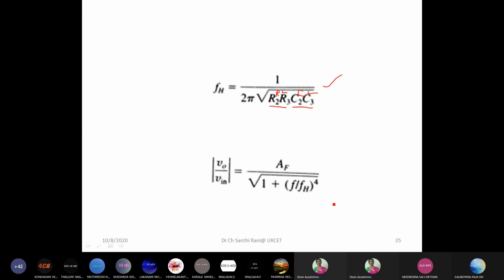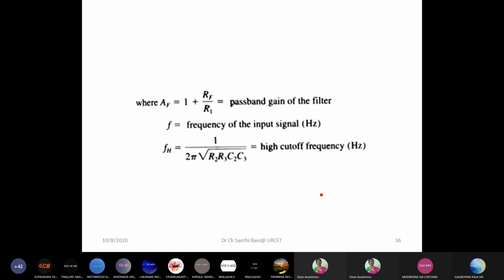Because FH is the same, the gain magnitude is also the same. But here we will get the whole power 4, since there are 2 RC components. That is the only difference. Then AF is the pass band gain, and AF is equal to 1 plus RF by R1.